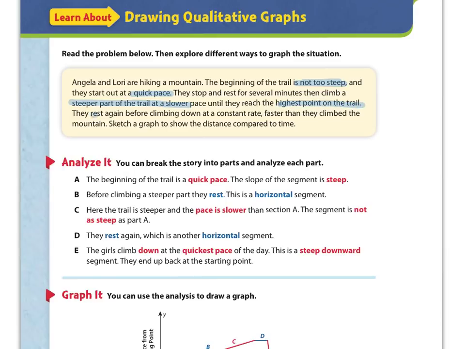And then they're going to rest, and then they're going to climb down faster than they climbed the mountain. Okay, and we're going to be comparing again the distance and time.